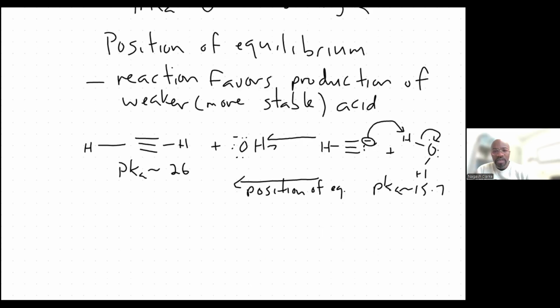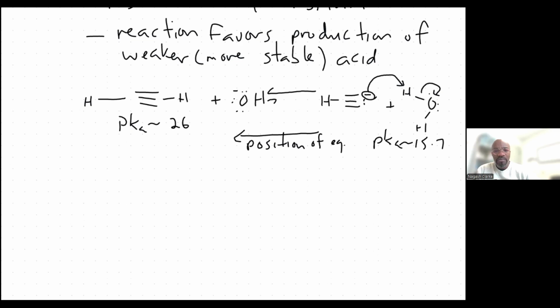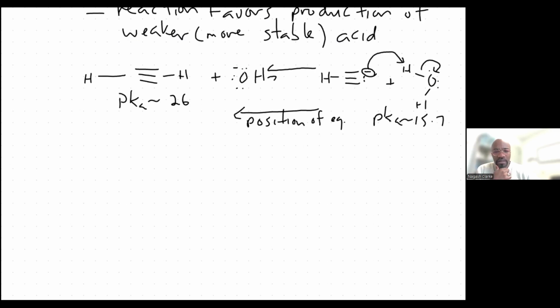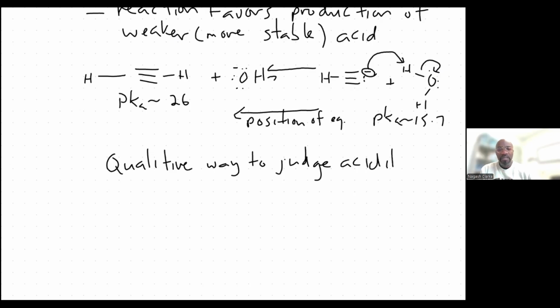Now, we can look at acids and bases different ways, like a qualitative way to judge acidity. Otherwise we have to go to the lab to measure pKa, things like that.